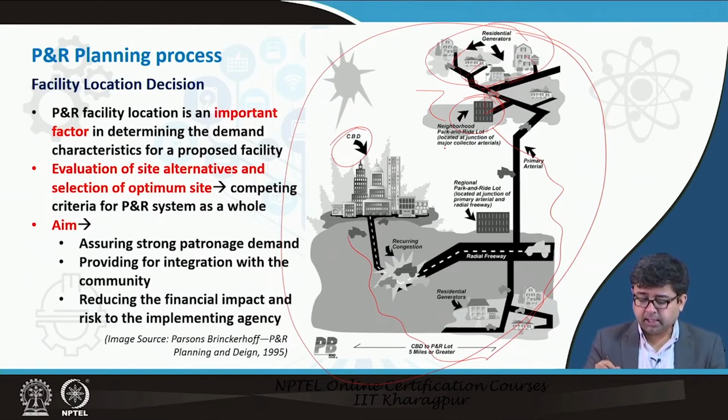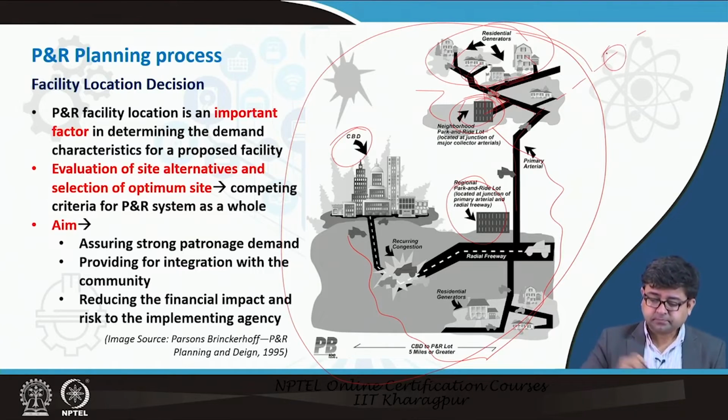The other one is your regional park and ride lot. Now you are coming out of your collector roads or your residential roads, and you are now on your primary arterial, right. This primary arterial may be connected to different residential areas, and there may be situations where 5 people in a car are all coming to this regional park and ride lot, again parking their car.